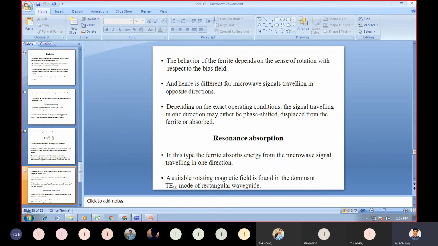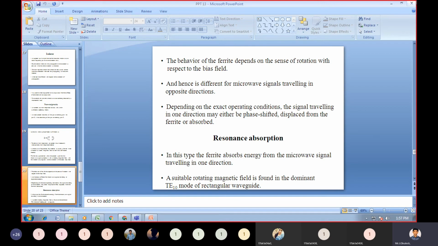Hence, it is different for microwave signals traveling in opposite directions, and this depends on the exact operating conditions.